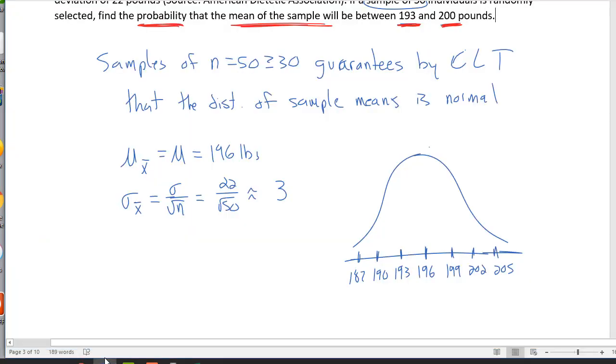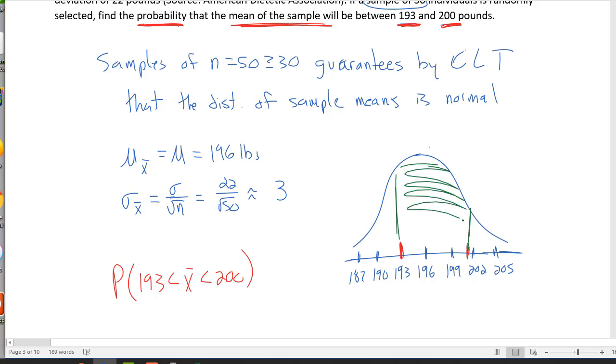So in this case, we're looking for the probability that my sample mean falls between 193 and 200 pounds. Visually, this is really going back to our prior sections.